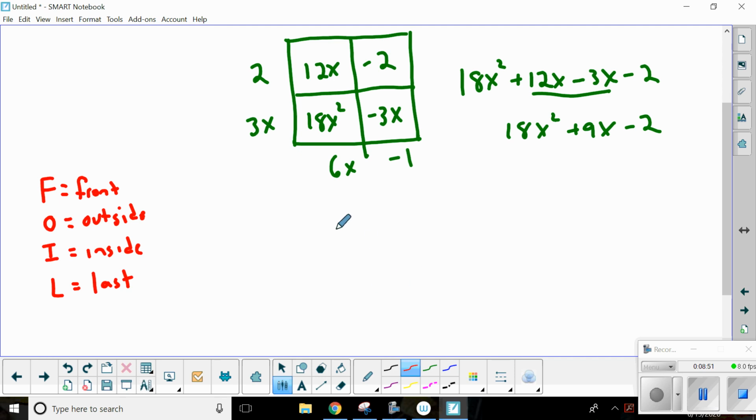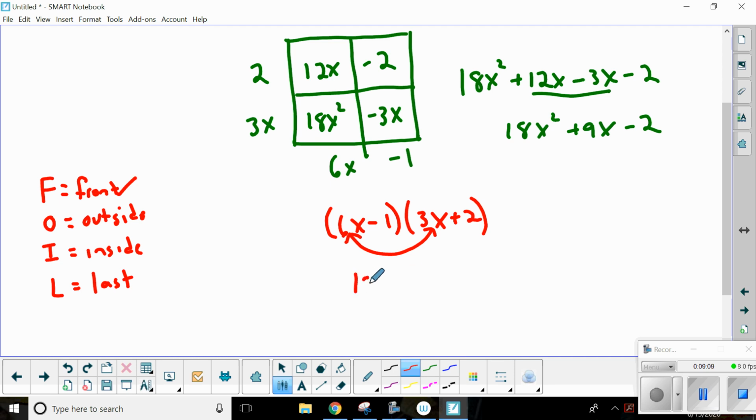So what you're going to do here is you're going to take the 6x minus 1 and the 3x plus 2, and you are going to multiply the first two terms together. Those are the front terms.